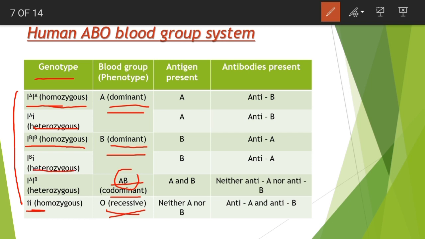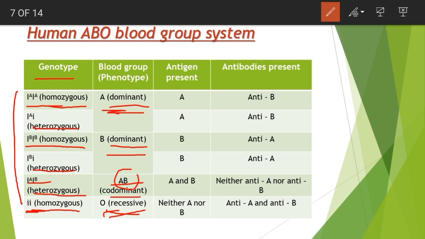For AB blood group, there will be presence of both capital IA and capital IB, which is heterozygous in nature. And only for expression of blood group O, there will be presence of two small i, which is homozygous in nature. So now let's talk about the antigen present in each of the blood types.